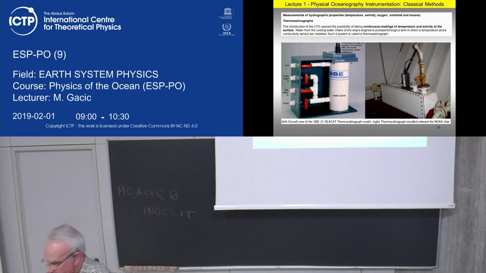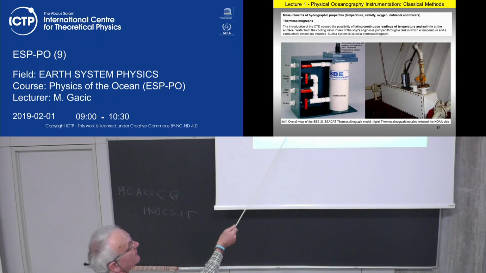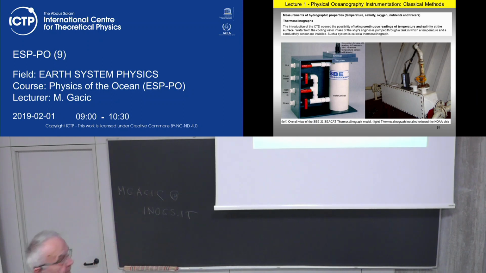And then we have a thermosalinograph, which is installed on the ship. What it does is pump the water along the ship's way into this instrument, where you have a continuous flow of water pumped from the bottom of the ship, and then there is a continuous determination of the temperature and salinity along the ship track.